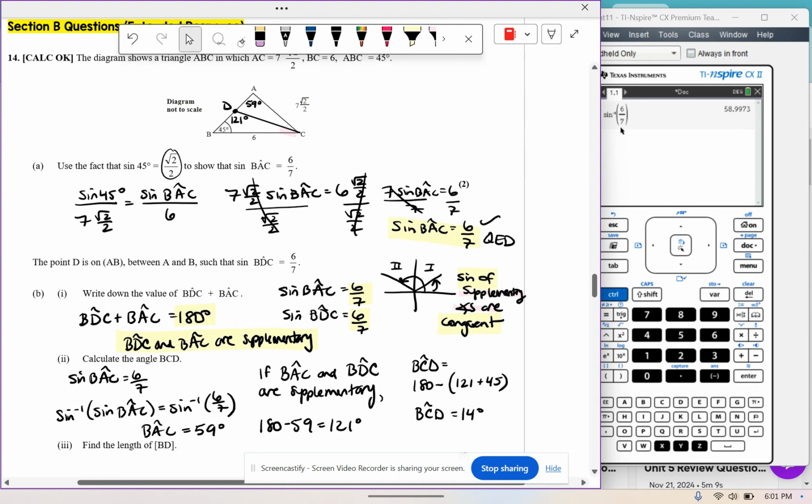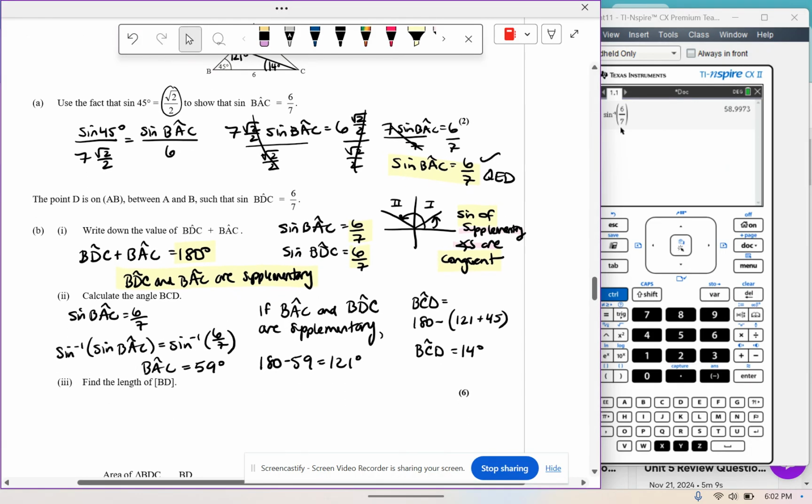So then this angle is going to become 14 degrees. Oh, that looks like 140. I'm going to try to make it even smaller if I can. 14 degrees.